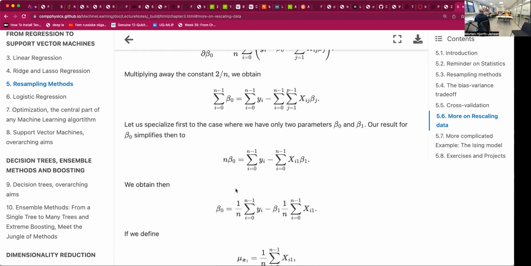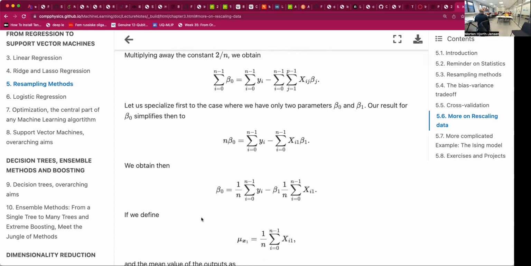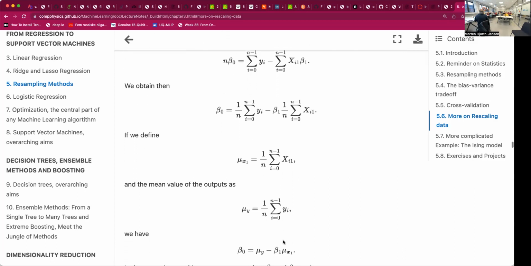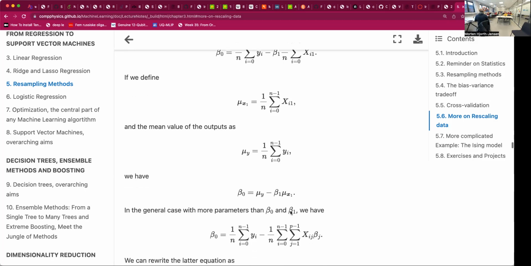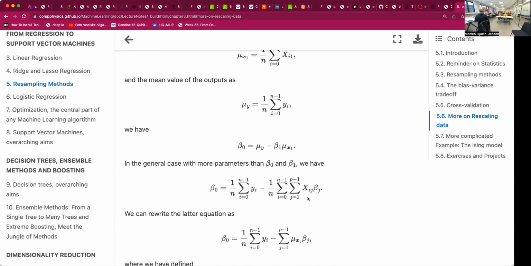And then you see now, if you do the math, you divide by 1 over n, you can define the average value for the column vector x1, which is just this quantity here. So that means that you can rewrite this beta 0 in terms of the mean value of the output, which is something you can calculate immediately, and then the mean value which you have for a specific column. At the end, you're going to do this in more general terms, and you will have it for all the columns.